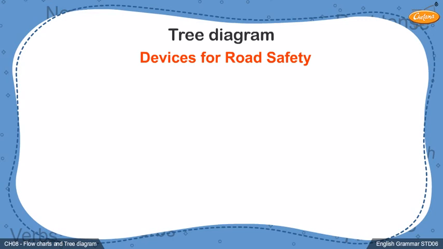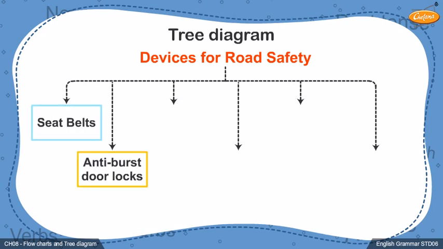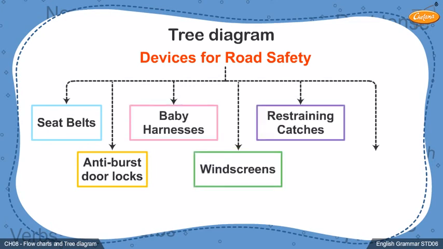Now, we create the branching to highlight the names of the devices that can be used for road safety. The first two devices mentioned are seat belts and anti-burst doors. Next, we have baby harnesses, windscreens, restraining catches and anti-glare devices.